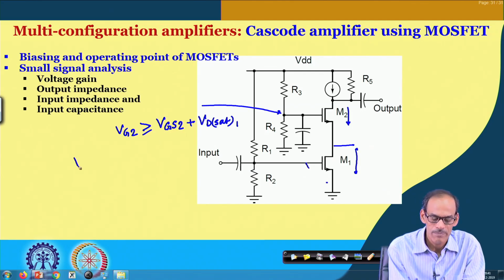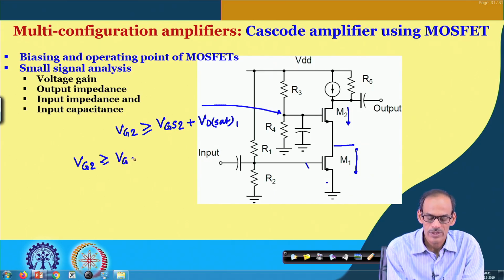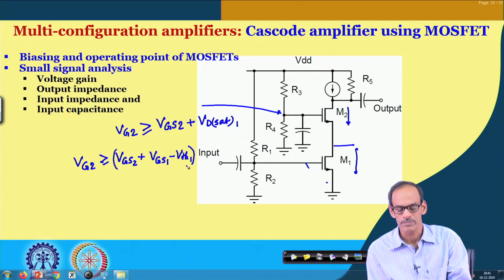So, I should say VG2 should be higher than VGS2 plus VGS1 minus VTH1. Okay. So, if you satisfy this condition, then there is no problem.